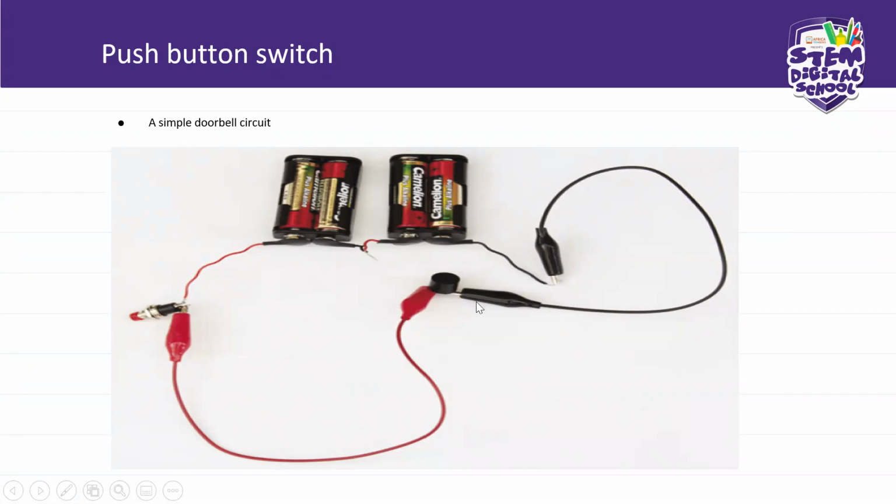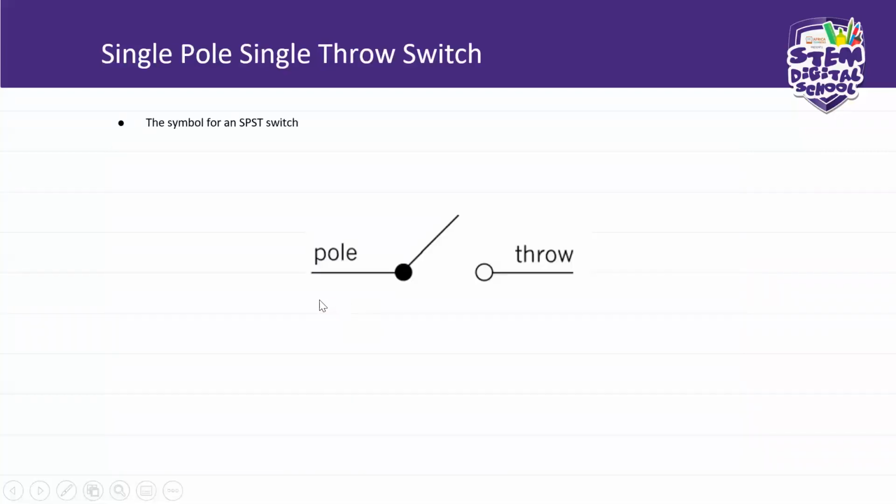And because it's a doorbell circuit, you have your buzzer. There's your buzzer there. You have your buzzer as the output component, and you have this push button. So the person at the door will be pushing on this red button, and then this buzzer will go off. Right.